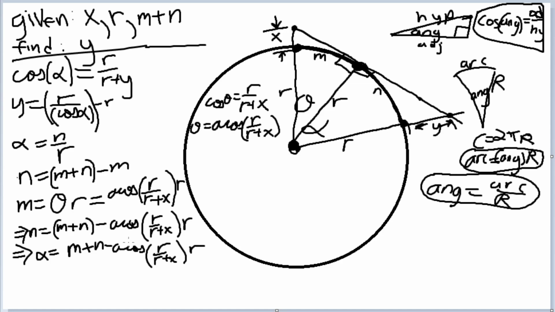I can't leave that line like that, not in good conscience. So n, this big dirty expression, over r. This little line here so that we can distinguish those two.